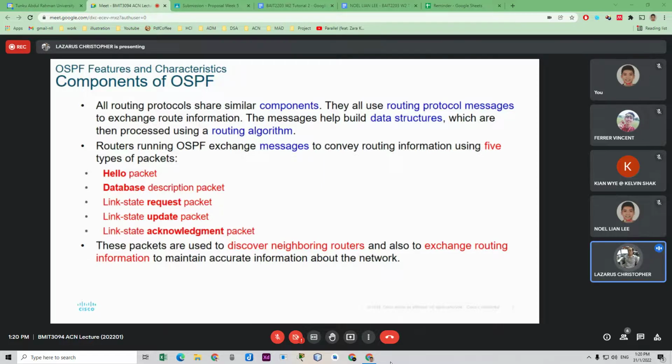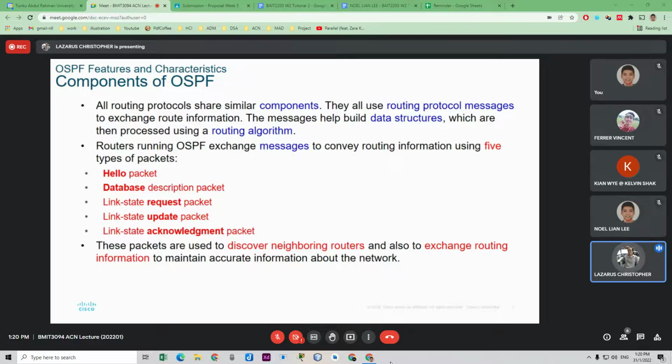That means the protocol governs messages that are understood by all the routers that adhere to the same protocol. So they will understand the messages they pass among each other, right? These messages are used to populate whatever data structures, for example the routing table, that is going to be used in the routing decision.